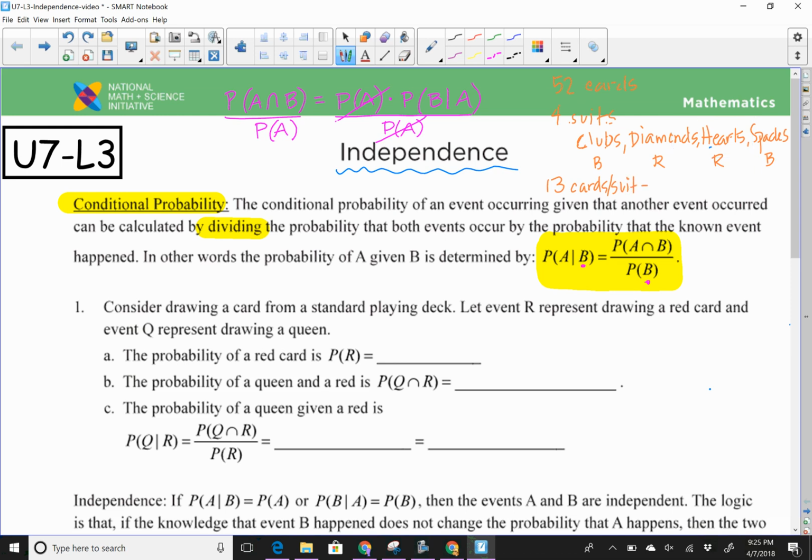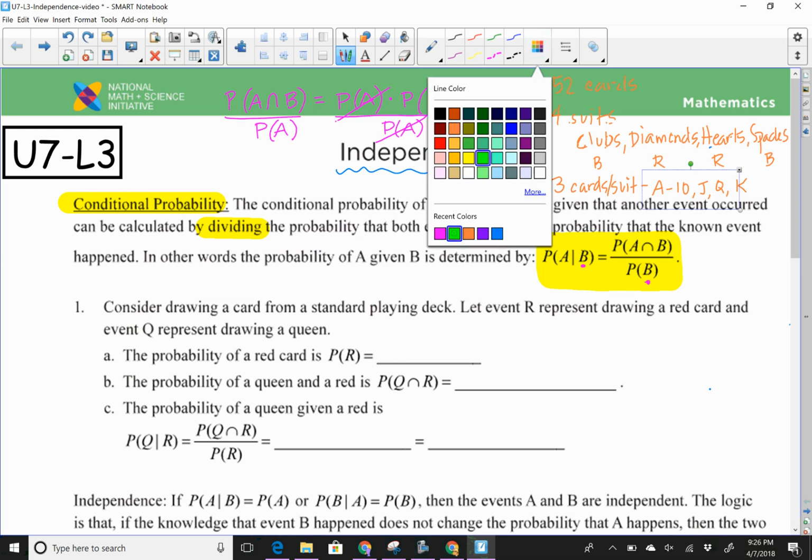Those cards range from ace through 10, and then jack, queen, and king. Keep that in mind as we do these problems.